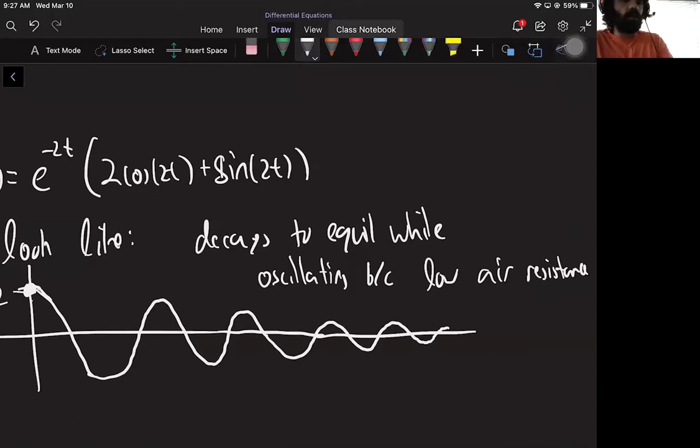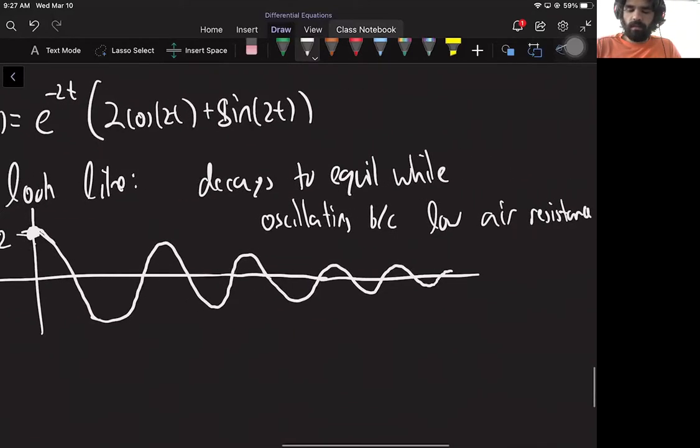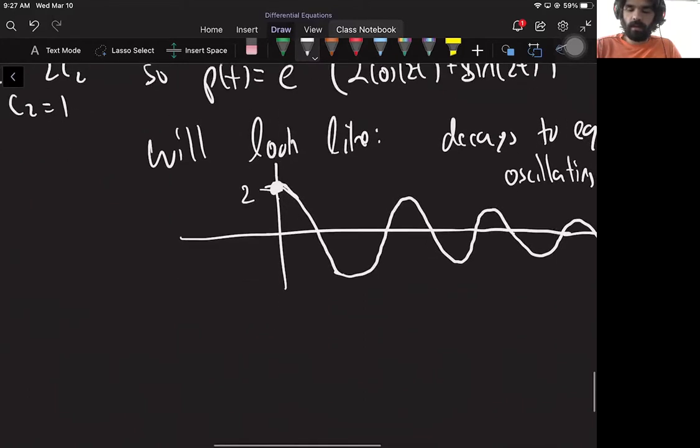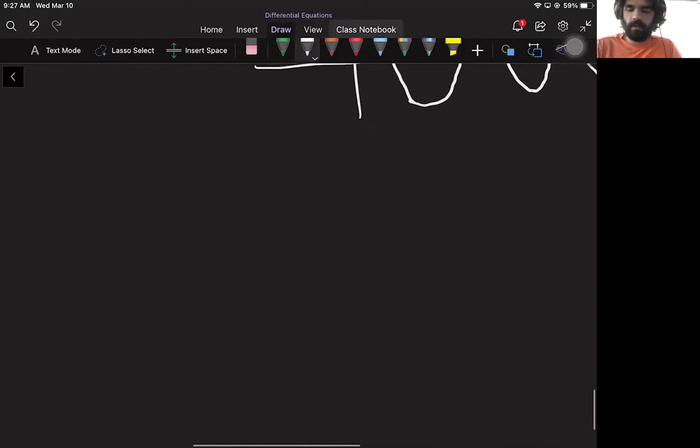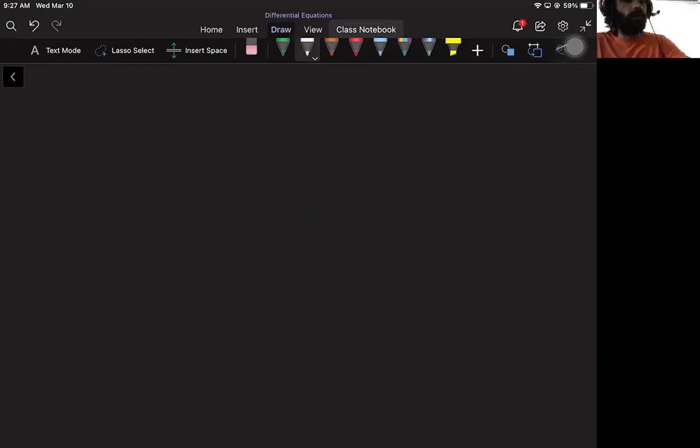If you had your spring in water, maybe it would very quickly go back to equilibrium because there's so much resistance from the water, whereas in air, it probably would do something like this. I keep calling it air resistance, but it could be anything. Okay, so that's that. Let's see, ready for the next one?